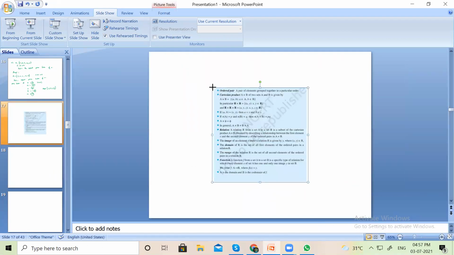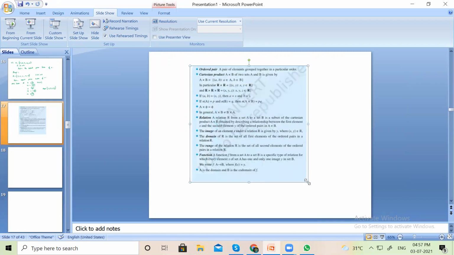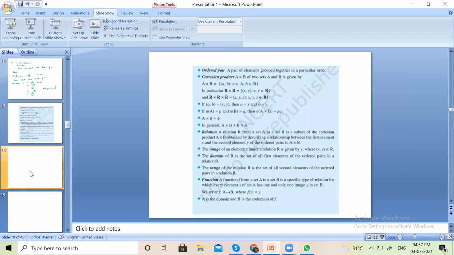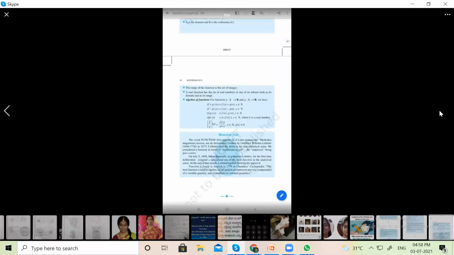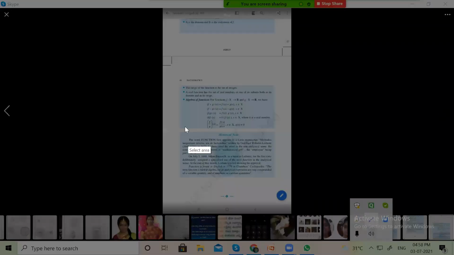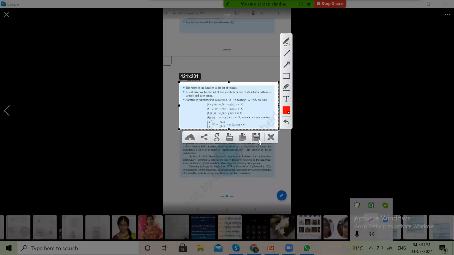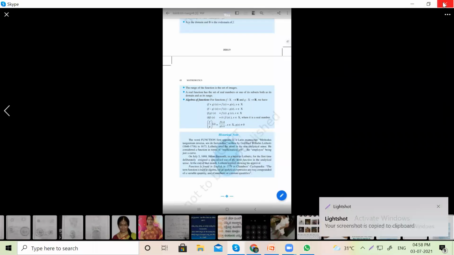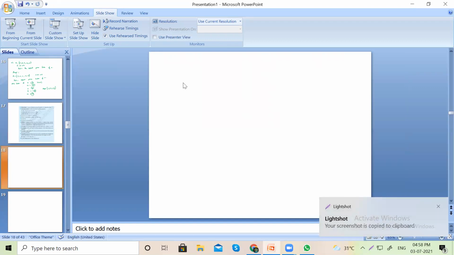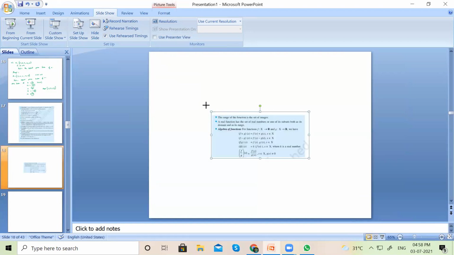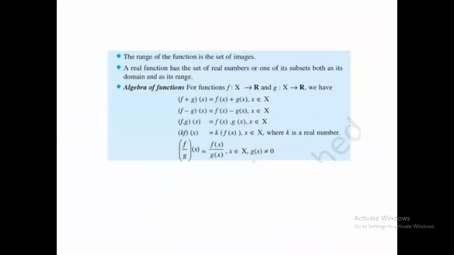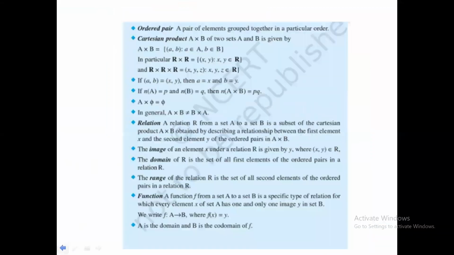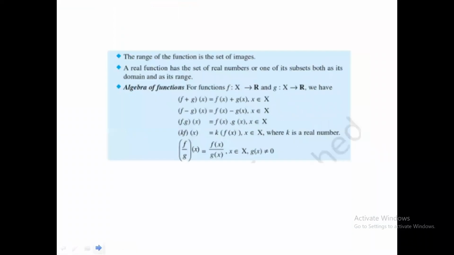You can see from your textbook also the summary of all the points. One more picture, which I'll put here. So you can see this page and this page. We have the summary of this chapter.